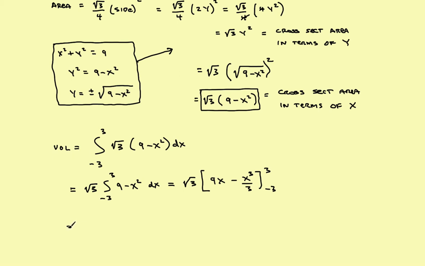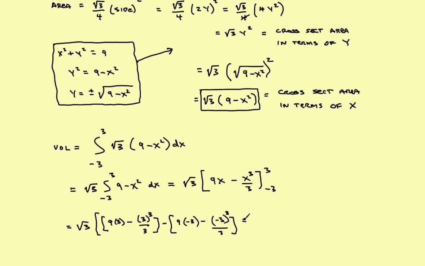And if you plug in the numbers, then you'd have the square root of 3 times, I think I'll put it like this, 9 times 3 minus 3 cubed divided by 3, evaluated at the top number first. Then plug in the bottom number, 9 times -3 minus -3 cubed divided by 3.